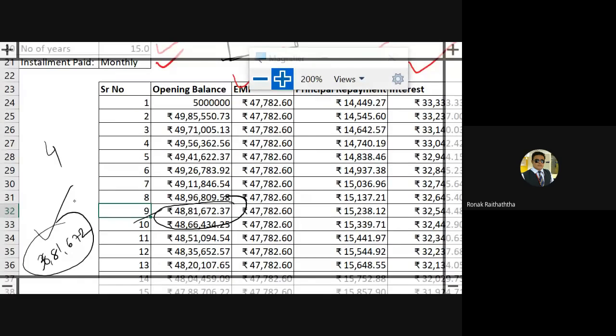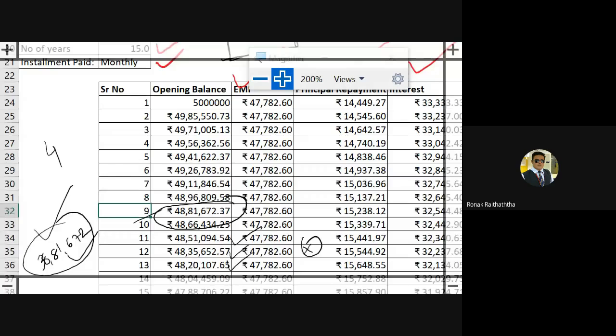Now your new loan, after making the advance payment over here, becomes 3881. You have two options: either you go with the same EMI, in which case your number of periods will reduce, or the second option is that you keep the number of periods the same for 3881, and your EMI amount will reduce. So two options you have at that time, but that is also different from bank to bank. The advance payment you make will be reduced from the opening balance at that time. But bank to bank, the policy would be different.